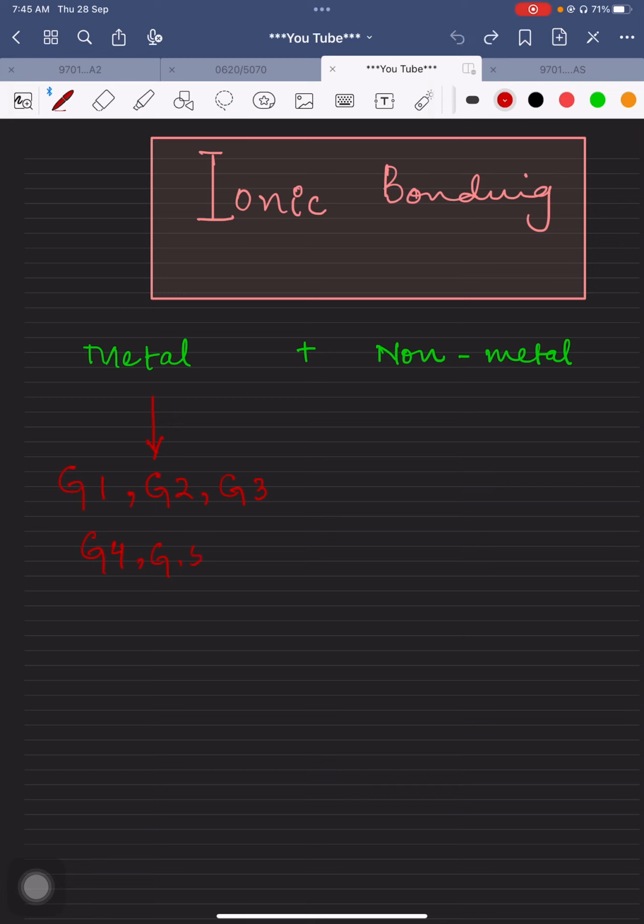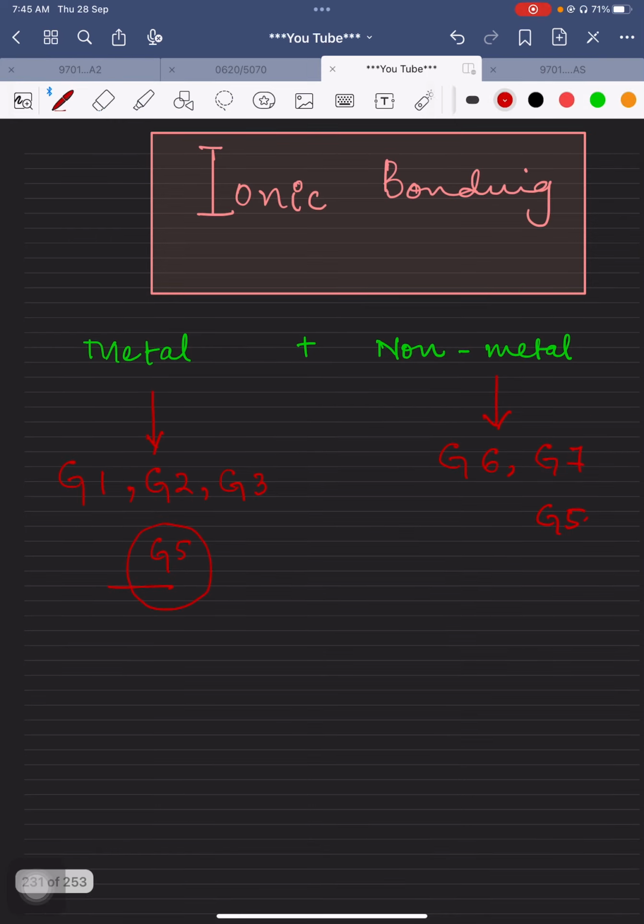And we can talk about non-metals: group 6, group 7, group 4, group 5. Basically, we should say this very clearly, that elements of group number 4 are not involved in ionic bonding. And why it is so, I'm going to explain.